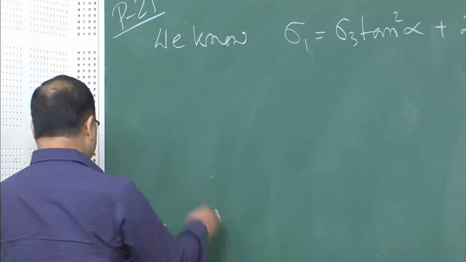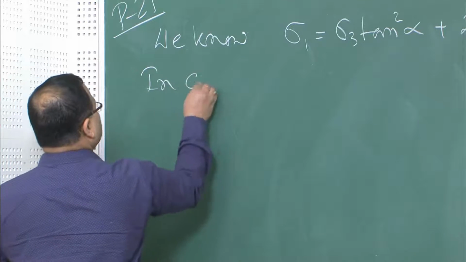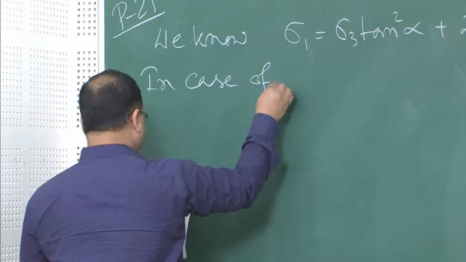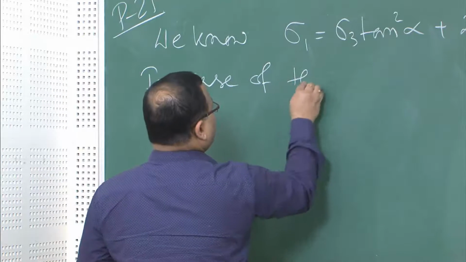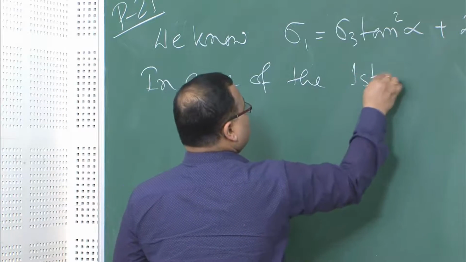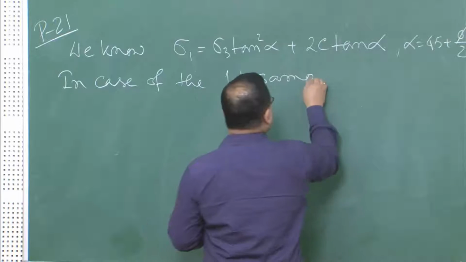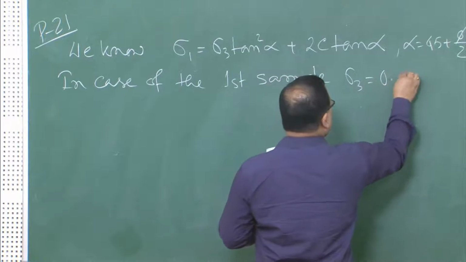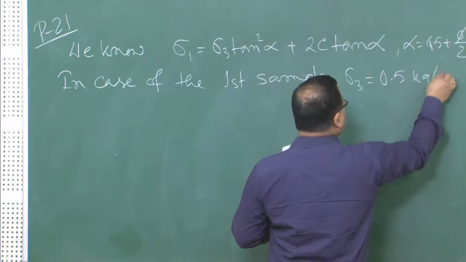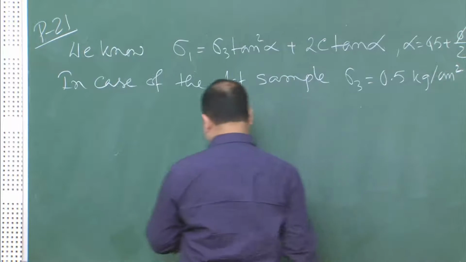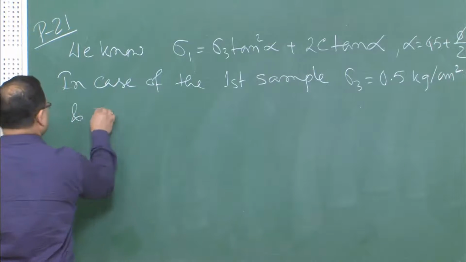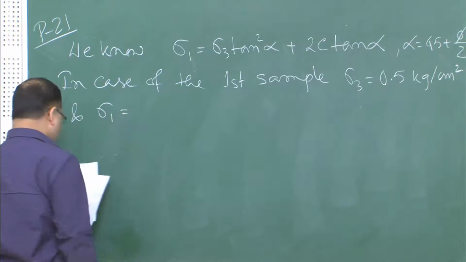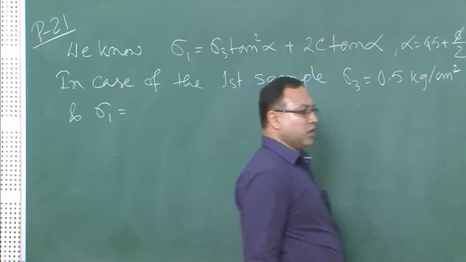Okay. So, now in case of the first sample, sigma 3 is equal to 0.5 kg per centimeter square and sigma 1 is equal to what?